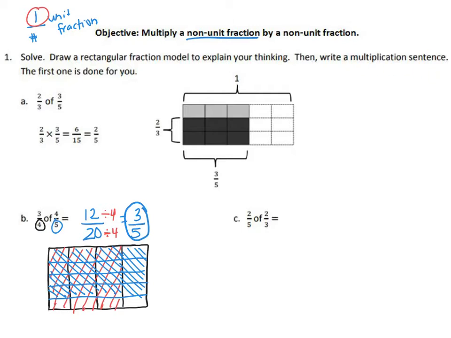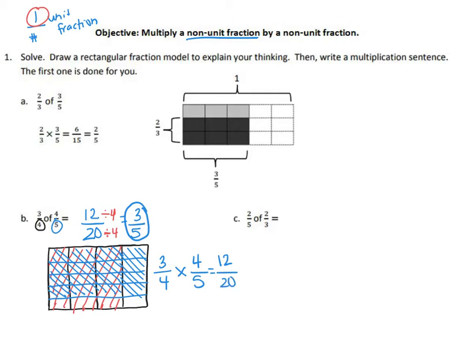Now we need to do our multiplication sentence. So we're going to do 3/4, and of means times 4/5. And then we just multiply across. 3 times 4 is 12, and 4 times 5 is 20.